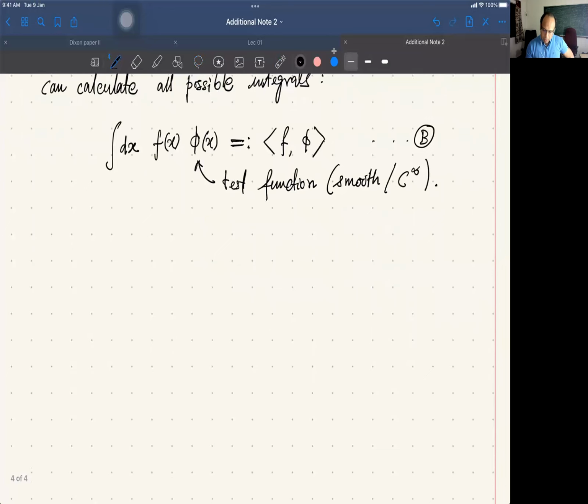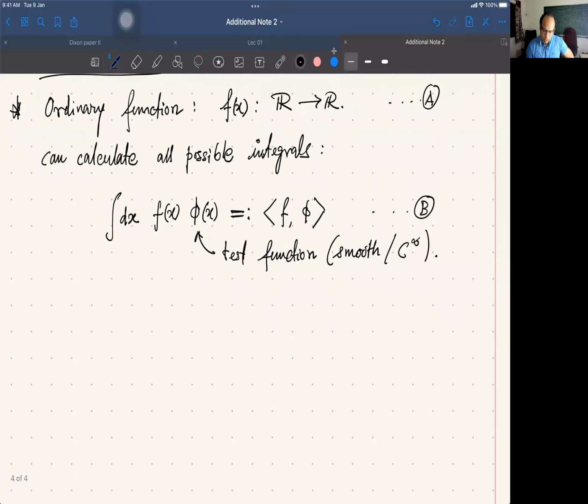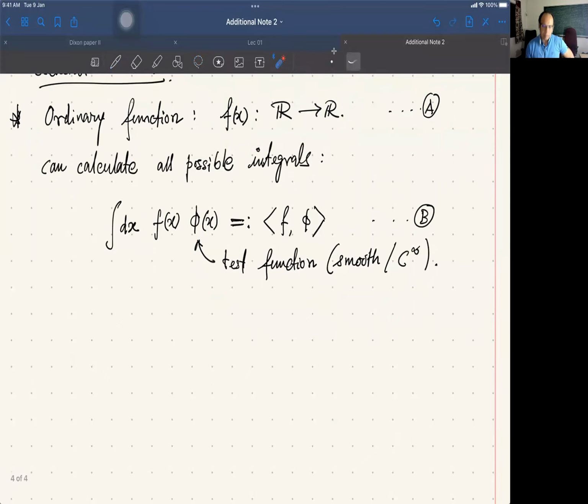Now, if there's a description in the A form, that means you know the function as a map from R to R, then you automatically know what B is. But it turns out that if you know B, that doesn't necessarily imply a description like A exists.